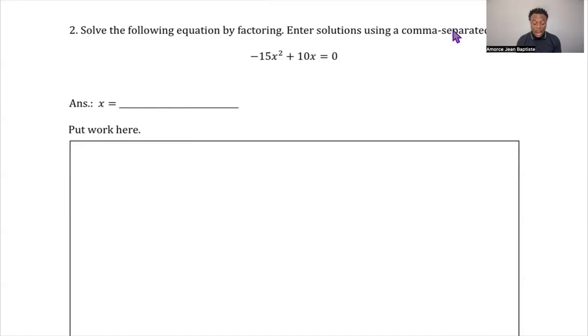In this case, the constant is not seen. That means C is 0. So we got 15x squared plus 10x equals 0. When C is 0, you factor the GCF.